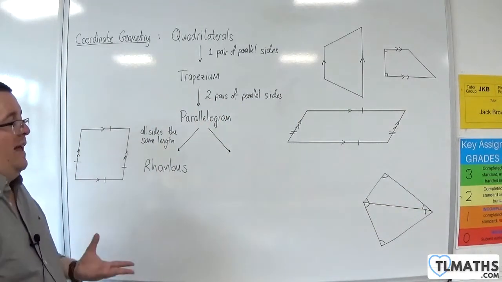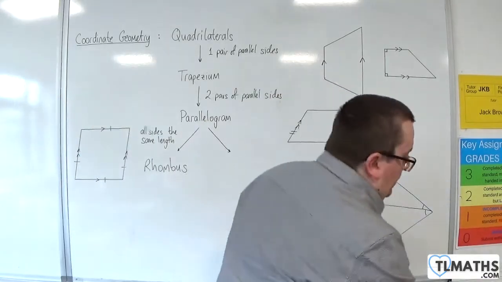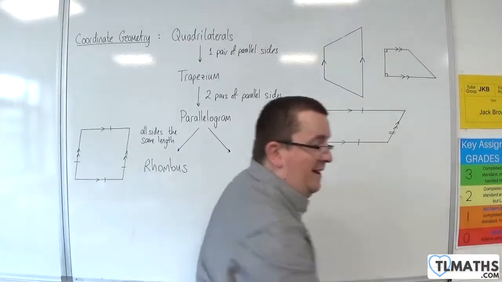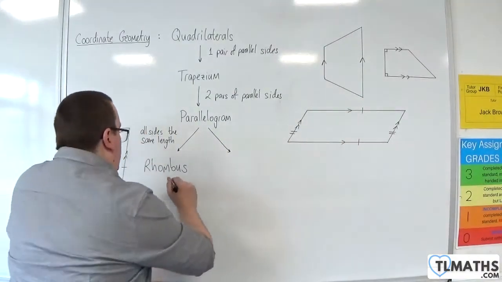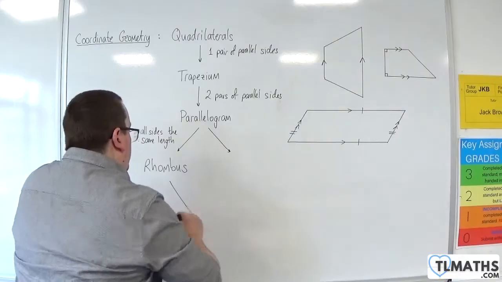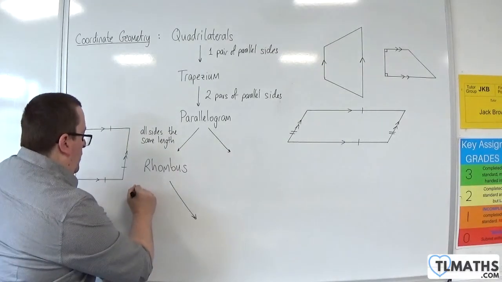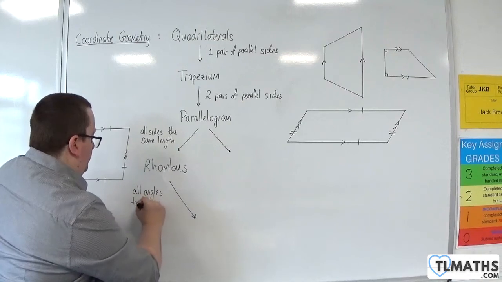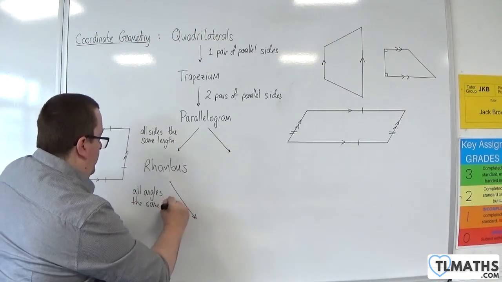Now if all the angles are the same size, then you've got 360 degrees divided by 4, which is 90 degrees. So we can specialise the rhombus by making all angles the same, so equal 90 degrees.